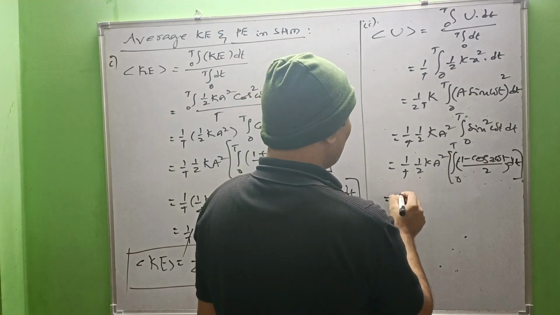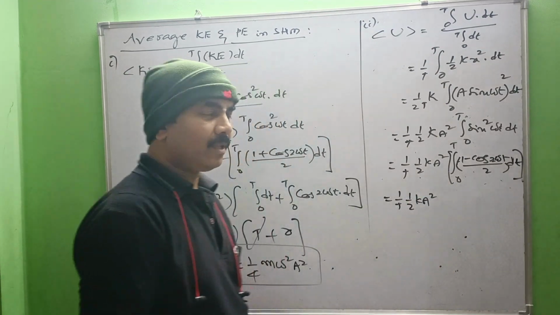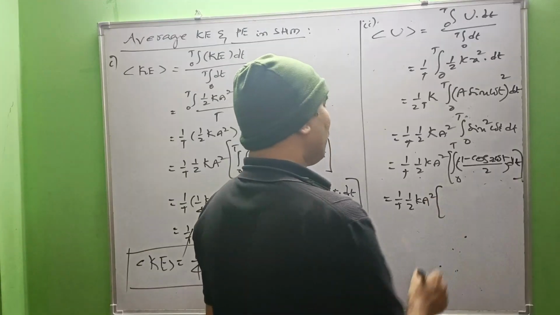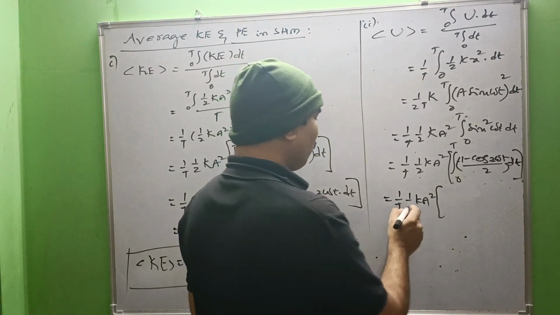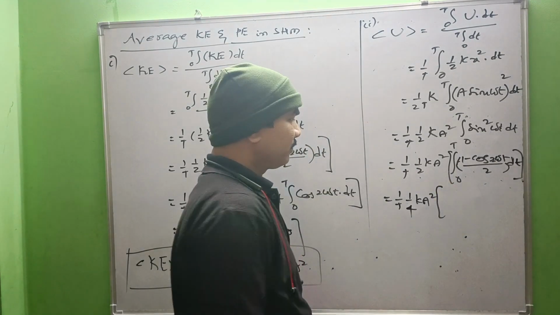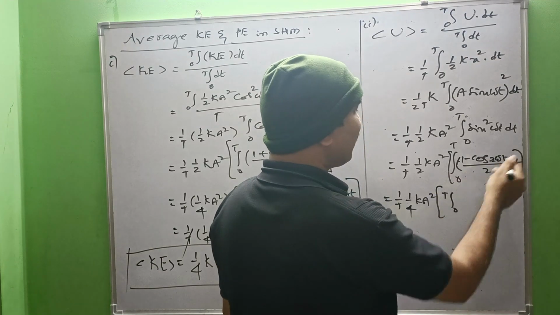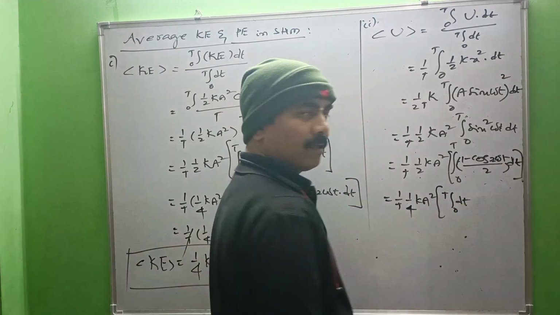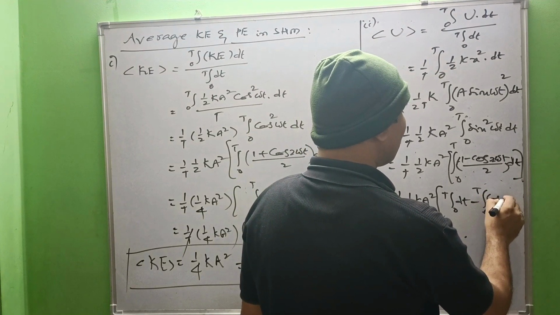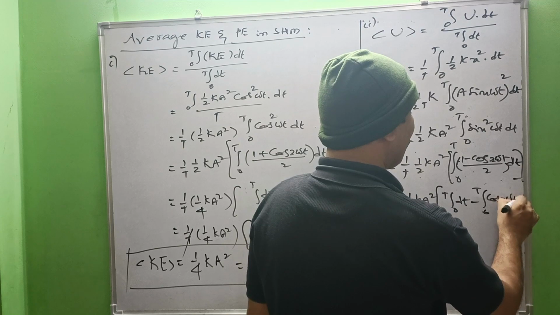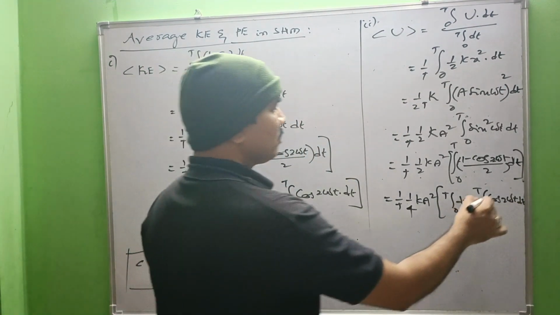That is 1 by T into half k a square, right? Square bracket. Here 2 2s are 4, so we are left with 1 dt, that is integral 0 to T, splitting 1 into dt minus integral 0 to T of cos 2 omega t into dt. The square bracket ends.